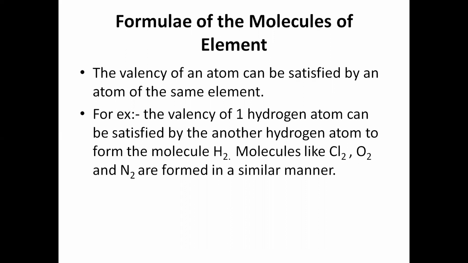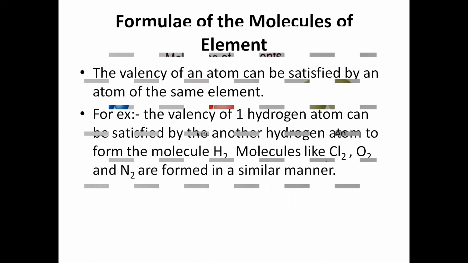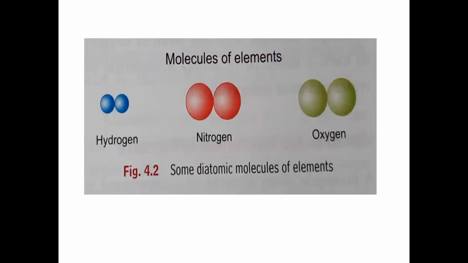Others are also like that, like Cl2, O2 and N2. They are formed in a similar manner. You can see the diagram also there. These are diatomic molecules of elements like hydrogen, nitrogen and oxygen.